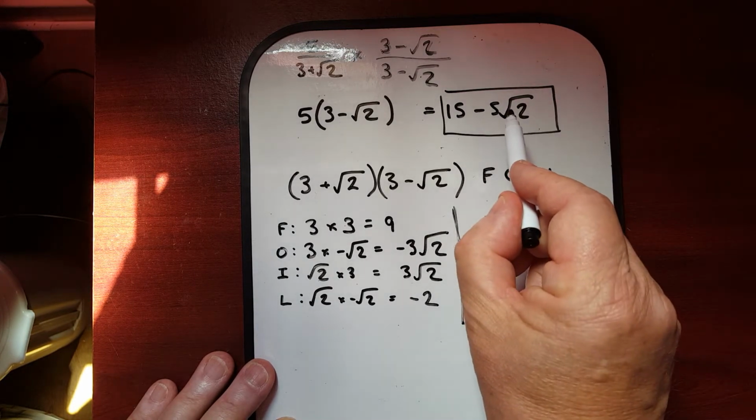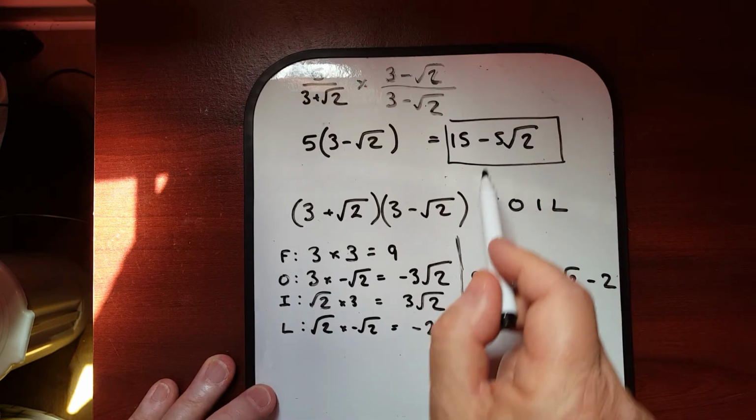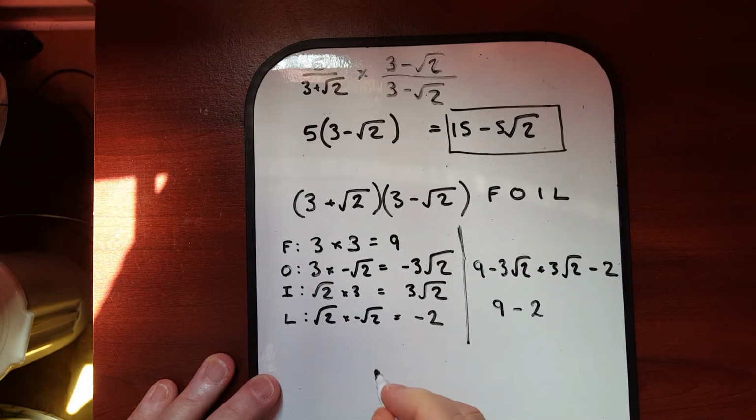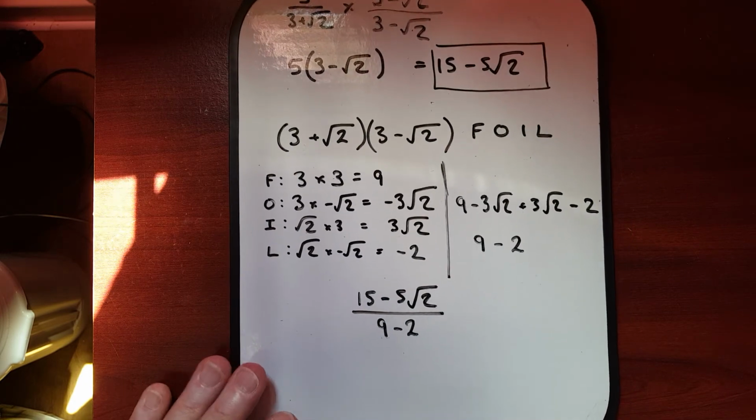Now you remember we had to keep this because that was the numerator of the question. That was where we'd solved the question of 5 times 3 lots of the square root of 2. So that's going on the top of our fraction now, 15 minus 5 lots of the root of 2. And on the bottom of our fraction is going this next section here.